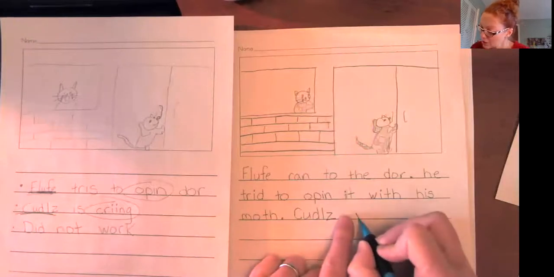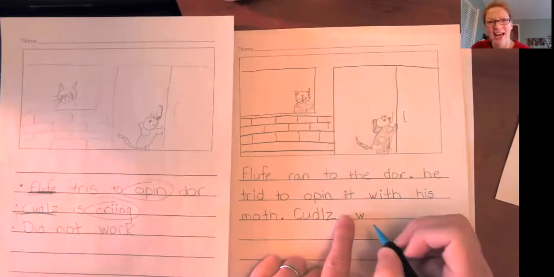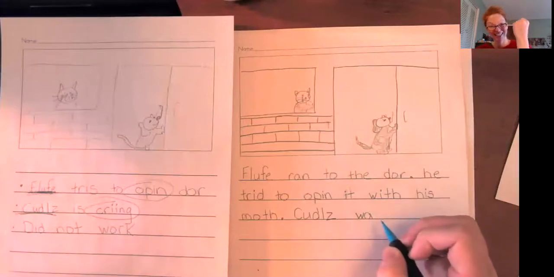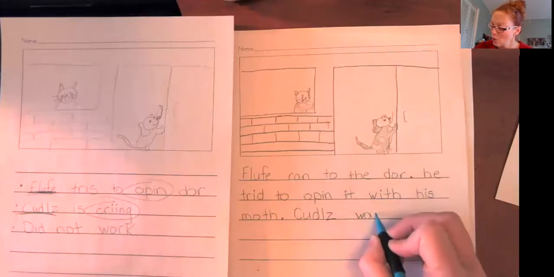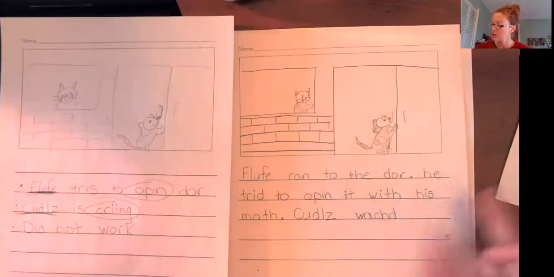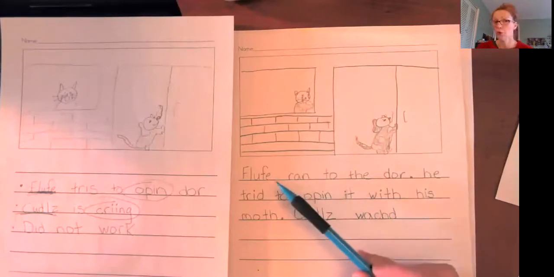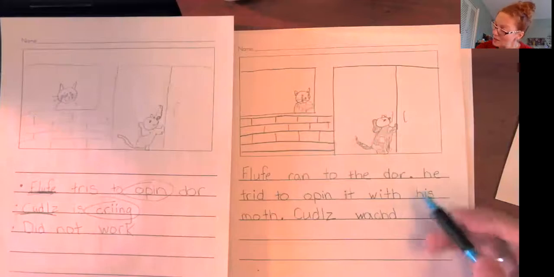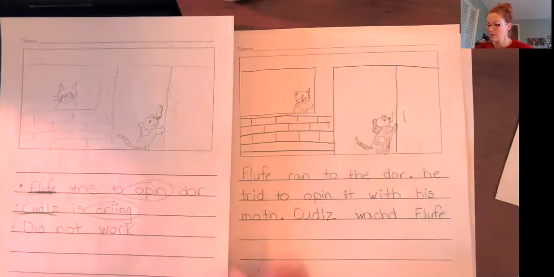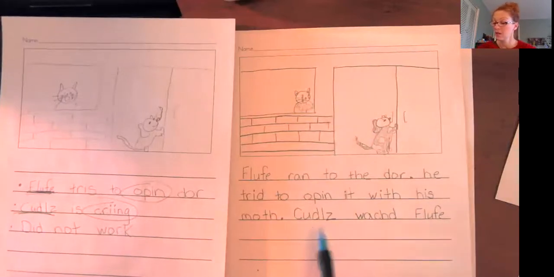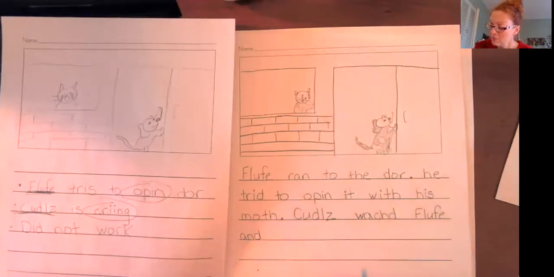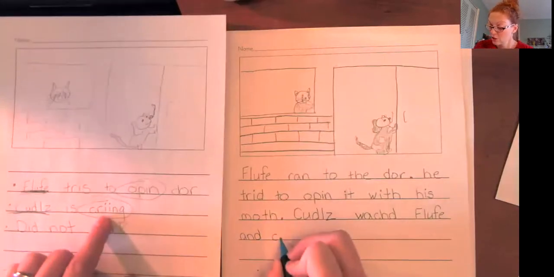Cuddles watched, watch, CH, yep, that's the digraph. Watched. Cuddles watched. What did Cuddles watch? Or who did Cuddles watch? Fluffy. Cuddles watched Fluffy. And then what did he do? Or she? Cuddles watched Fluffy and she cried. Ooh. Cuddles watched Fluffy and cried.